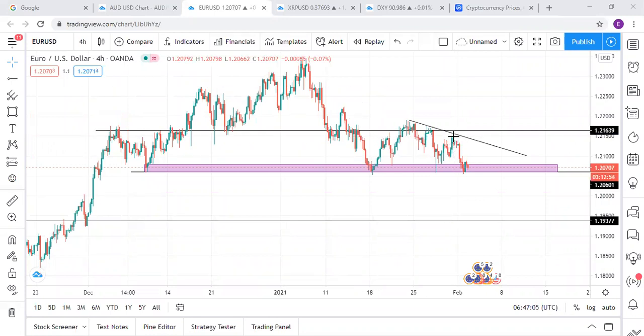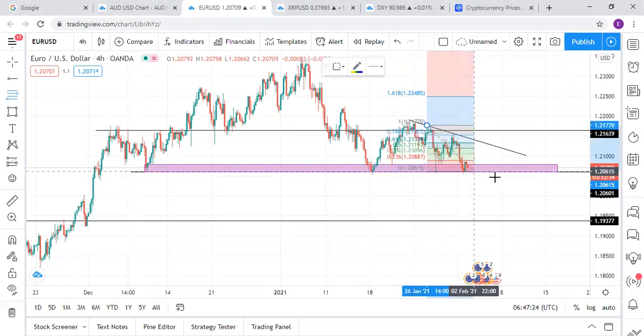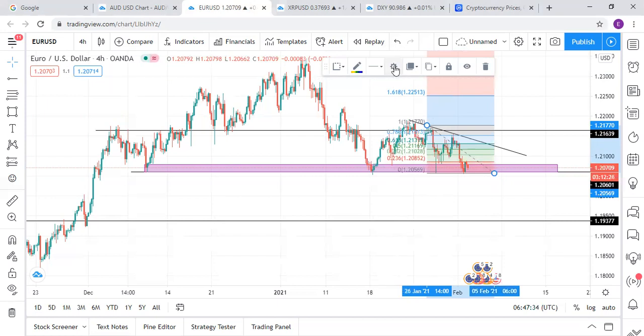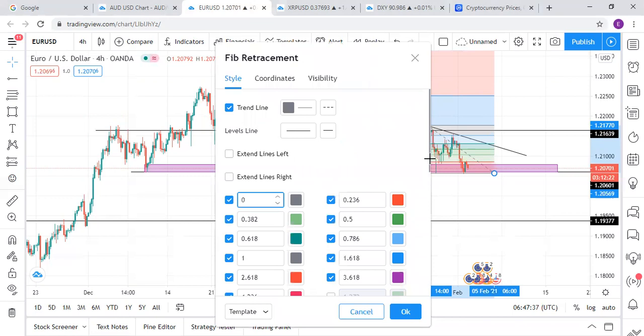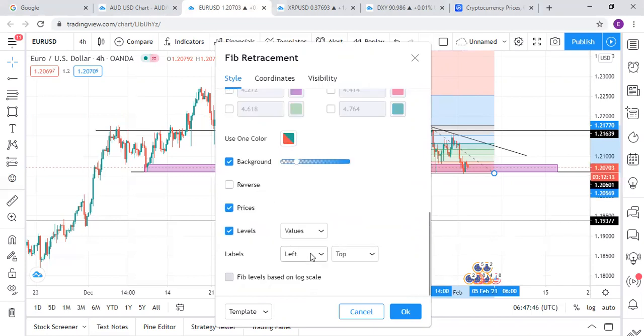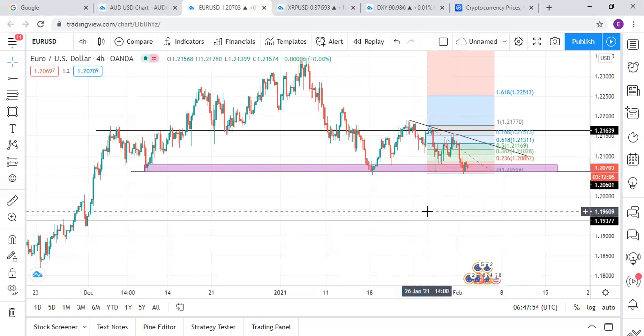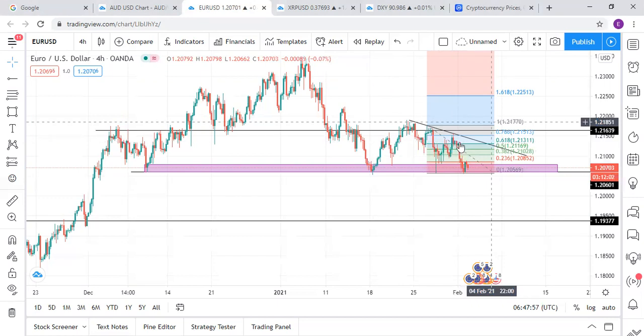Apart from the fact that this is the third touch on my trend line, another thing I can see is I will use my fib to see what level of price reversal zone that is. Drawing my fib from here to here, you will discover that this is a rejection on the 78.6 level, the price reversal level.